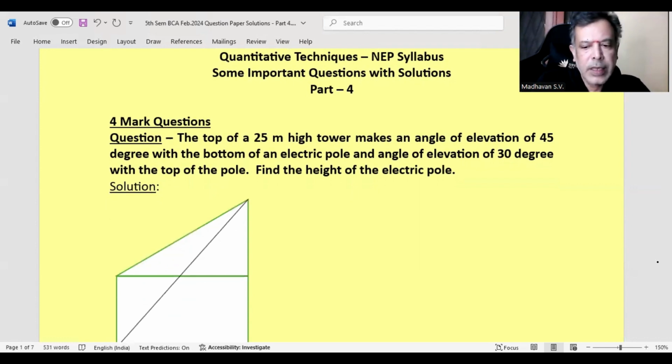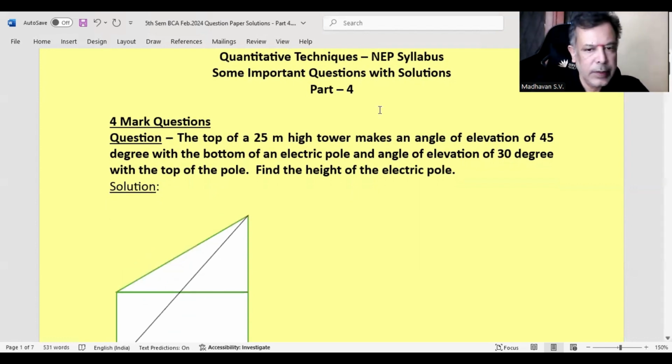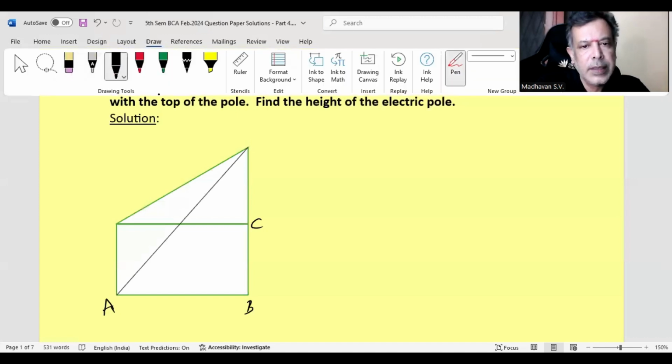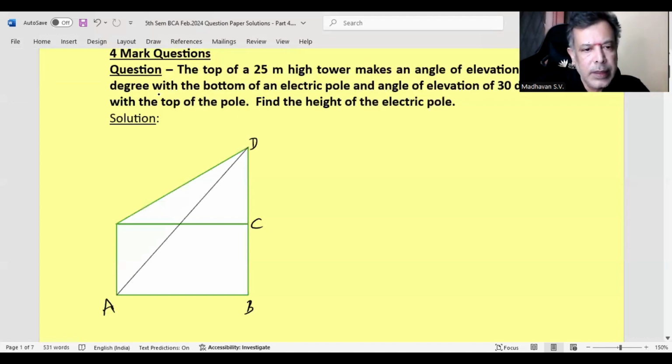Let me put some labeling: A, B, C, this as D, and this as E. Now our AE is the electric pole.